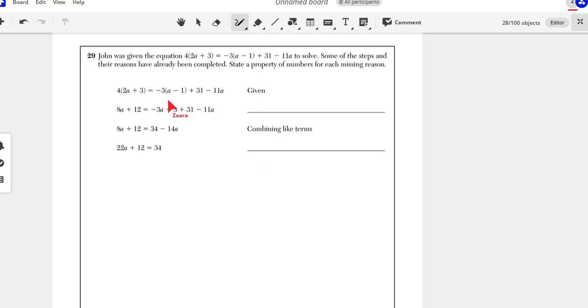Alright, so for this question, John was given the equation 4 times 2a plus 3 equals negative 3 times a minus 1 plus 31 minus 11a to solve. Some of the steps and their reasons have already been completed. State a property of numbers for each missing reason.